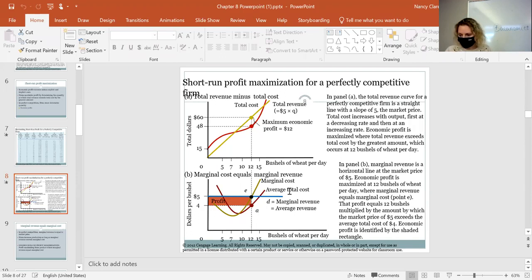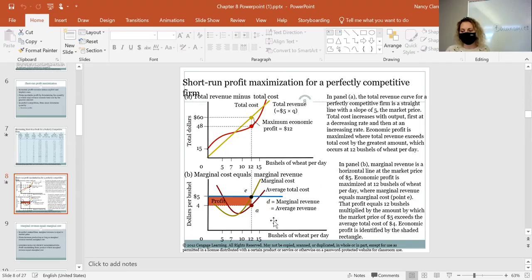What I've put on here for you is this blue line, which is your firm demand curve. Your market determined that $5 was the equilibrium price for a bushel of wheat. You were a price taker, you had to take that price. And then we graphed that perfectly horizontal, perfectly elastic demand curve right here at $5.